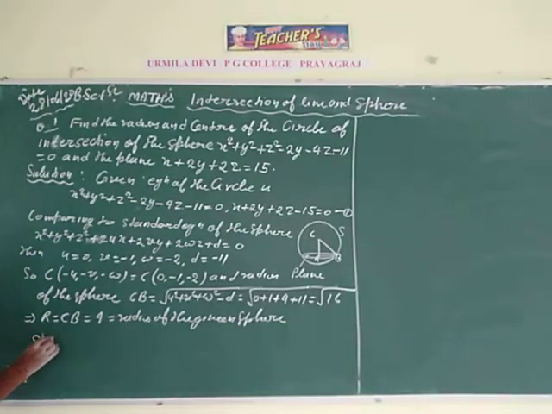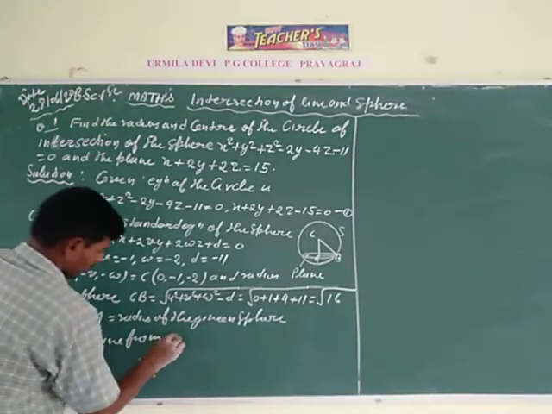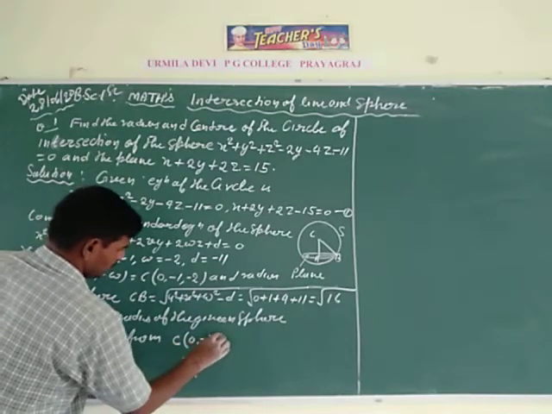Draw a perpendicular line from point capital C, whose coordinates are 0, minus 1, minus 2.